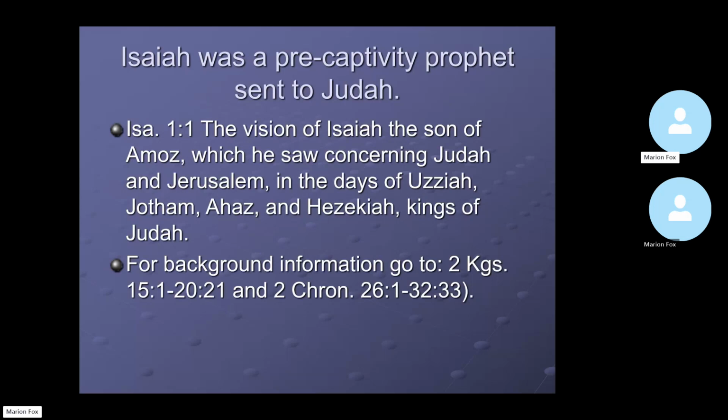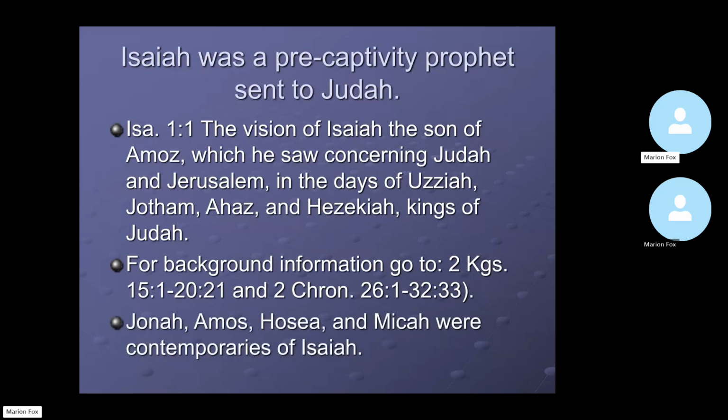Now, I can say this, if this is true, because these kings are listed in order, he was prophesying during part of Uzziah's reign. That would mean all of Jotham's and all of Ahaz's reign, and part or even all of Hezekiah's reign. So we find that he was prophesying a good long period of time. I would encourage you to read the historical background for the prophet so that you can interpret it correctly.